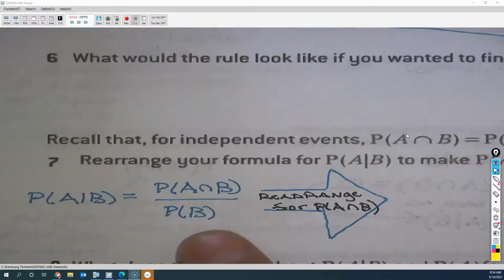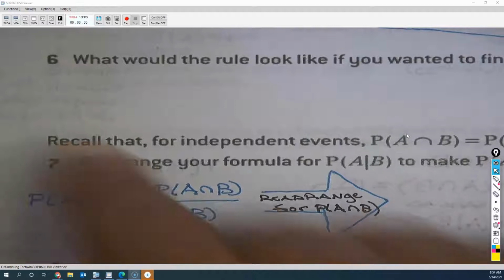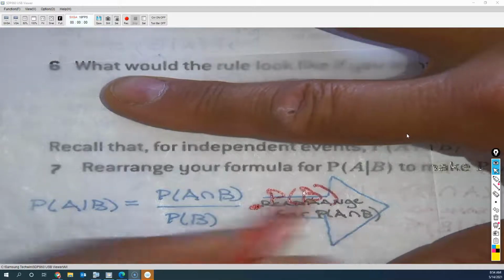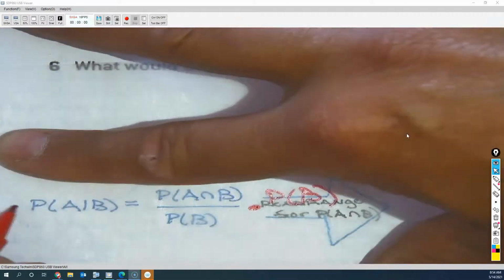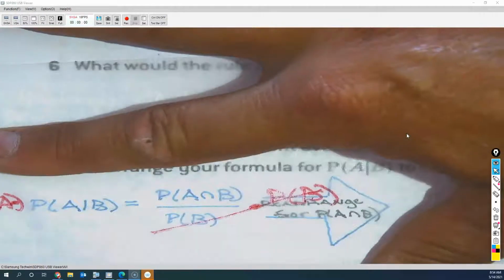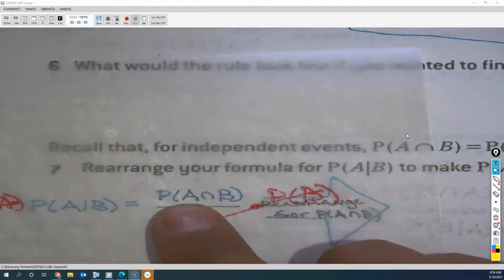So what would you do to both sides to get this by itself? Yeah, if you multiply the right side by PB and you multiply the left side by PB, those cancel, and now you have that all by itself.